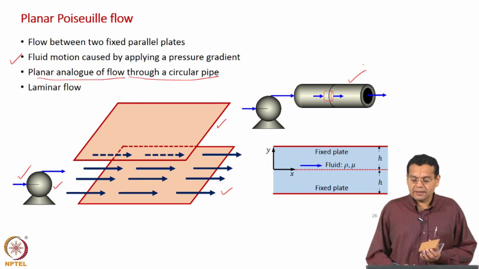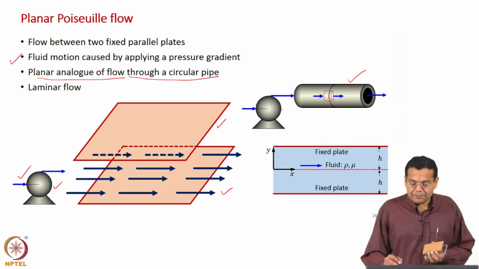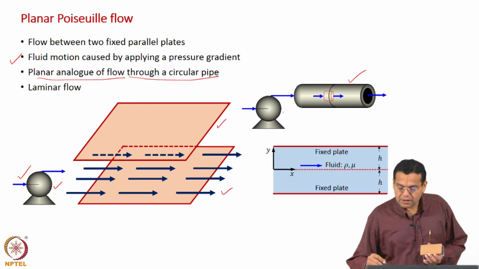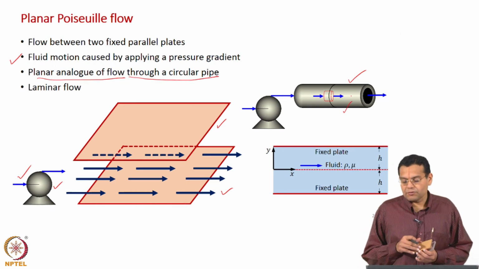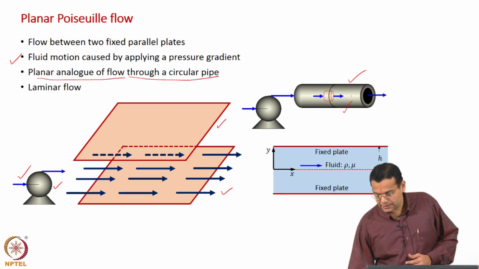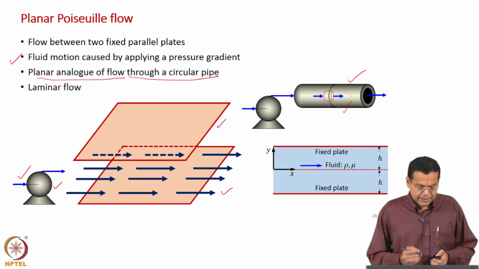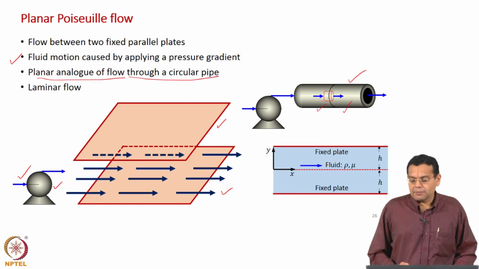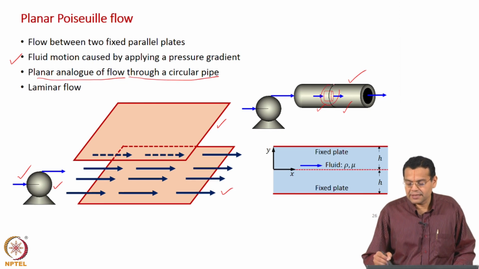And what we are seeing is these two fixed plates, which are analogous to the fixed wall of the pipe. What we are discussing is in Cartesian coordinates; we are not discussing flow through a pipe, because that requires cylindrical coordinates. I have also shown a cylindrical shell here.